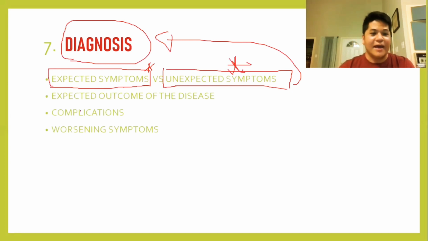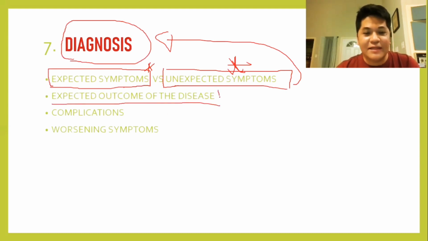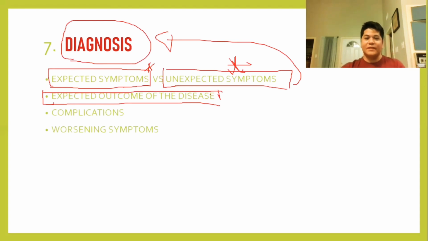Expected outcome of the disease: if it is an expected outcome of the disease, that's not your priority. For instance, the client has asthma and is sitting, and the client has difficulty breathing, but he's okay and you check that the oxygenation is okay.